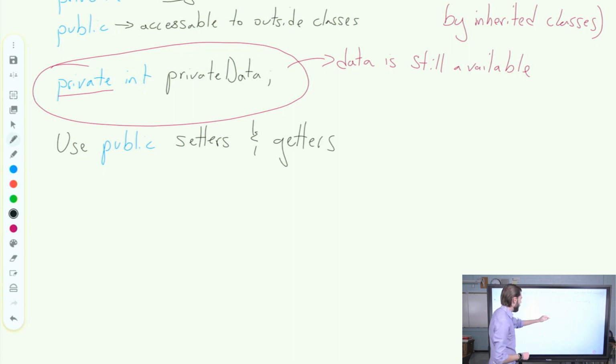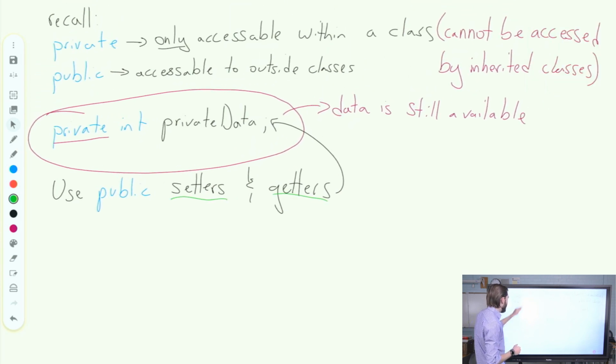So this is how we're able to get that private data and break that encapsulation barrier in a controlled manner, so that the object is still controlling its own data, but we're able to access the data as we need using our setters and our getters. So that is the first nuance we need to be aware of.